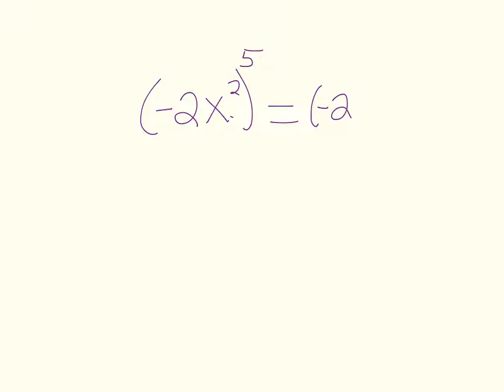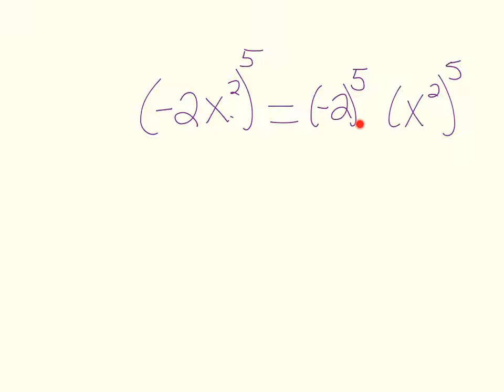So not only are we going to do negative 2 to the fifth power, we're also going to do x squared to the fifth power. Really, really important that you remember that. That's a huge thing that people make a mistake with. And then you just want to calculate each part separately.